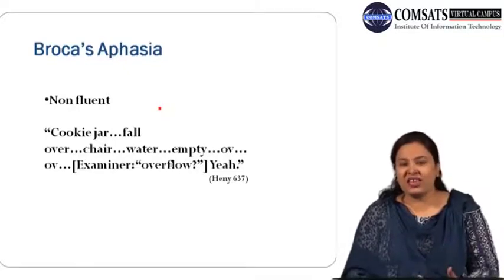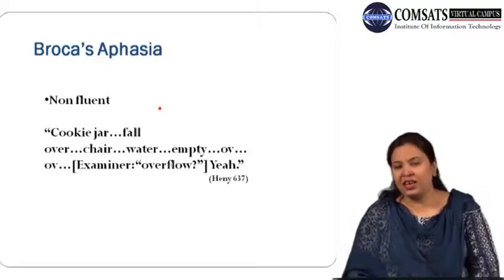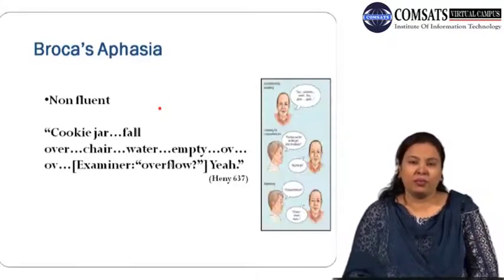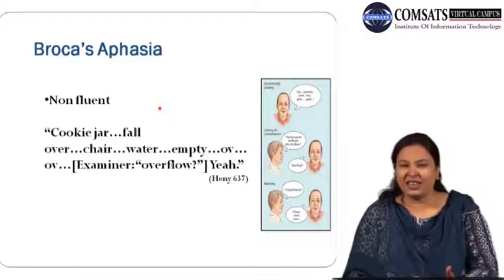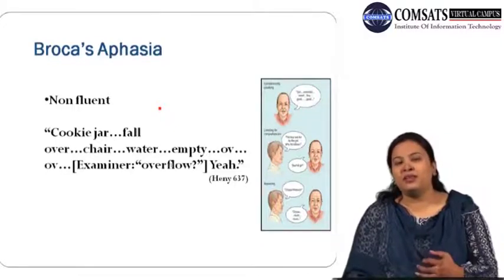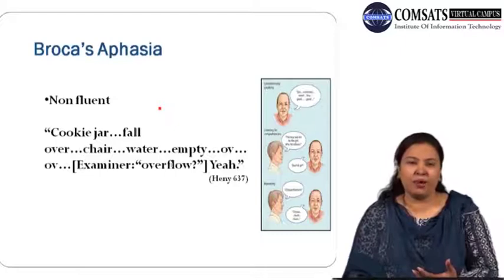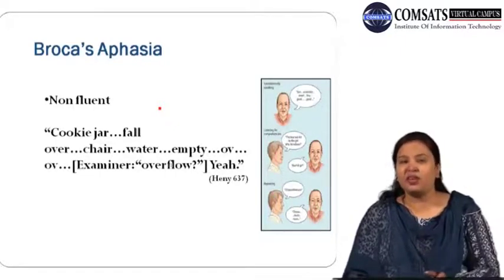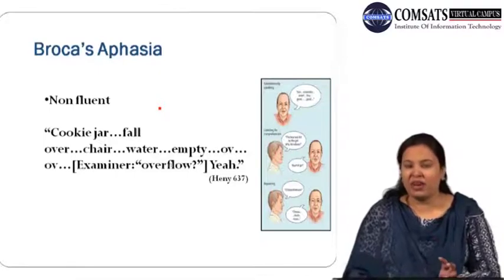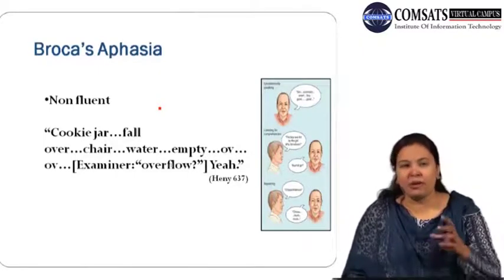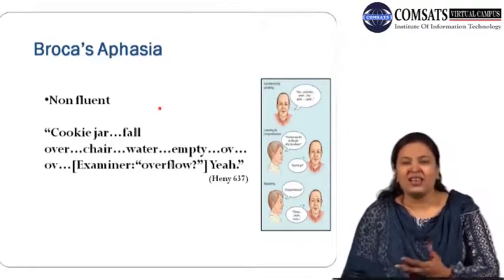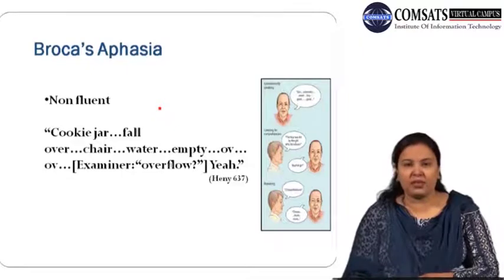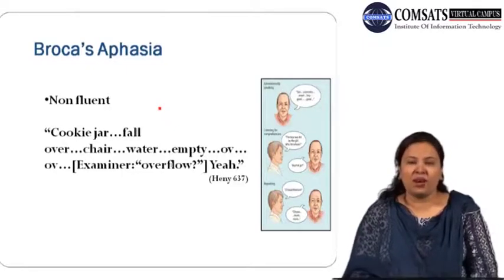Broca's aphasia usually appears in people who, by some natural or accidental cause, get it. It is observed that the Broca area of the left hemisphere gets damaged, and because of the damage to the Broca area, this non-fluent speech or stammering happens.